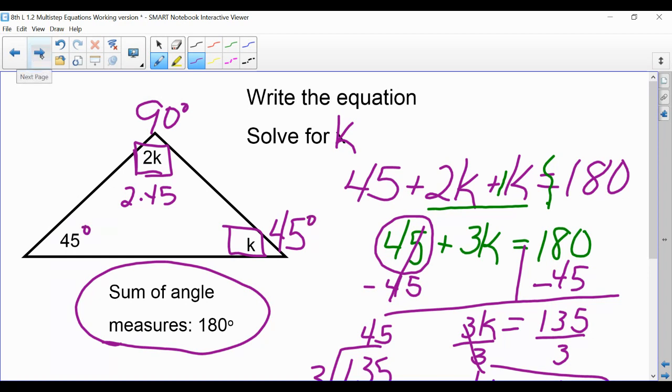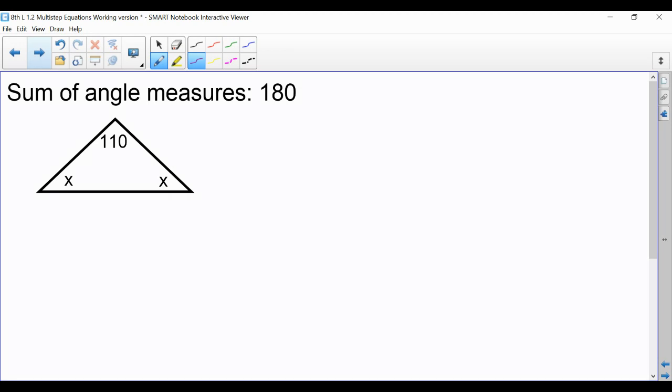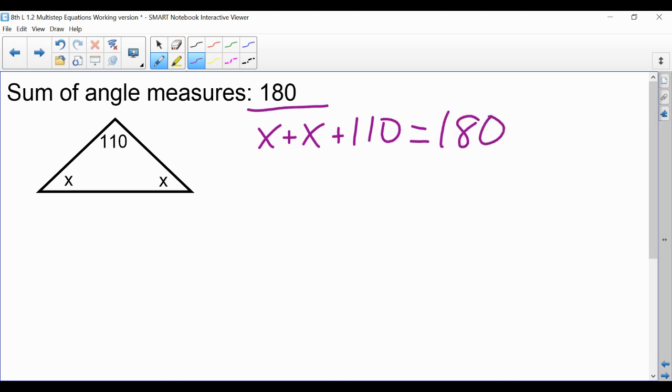Let's do another one. This one has x, 110, and x. So we have x plus 110. And again, all triangles, the sum of their interior angles equal 180 degrees. X plus x gives me 2x plus 110 equals 180.